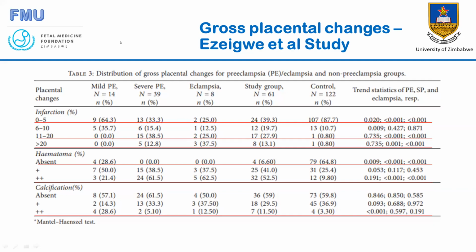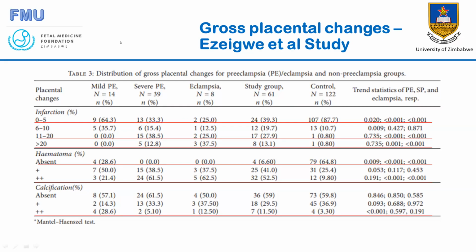Then if it was present with 2 pluses, it was statistically significant for the severe preeclampsia and the eclampsia group, but no statistical significance on the mild preeclampsia.